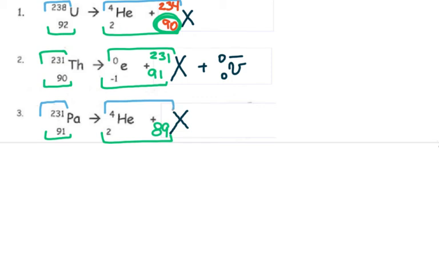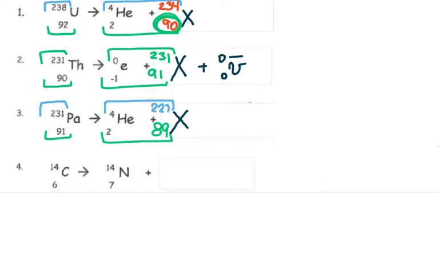So that means on the right side I have to have 227 nucleons, 227. So you have protactinium splitting into the alpha particle and the daughter element with 89 protons called actinium.